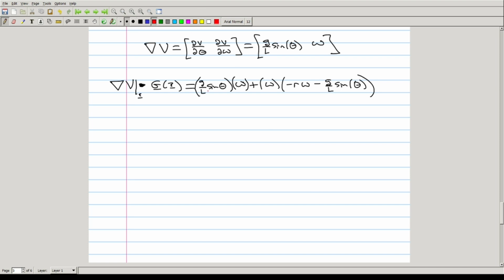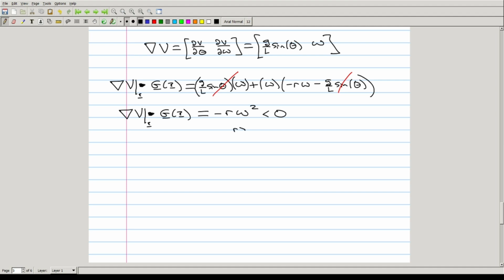In which we get a cancellation where we distribute this omega through and subtract, this cancels with this, and so we're left with the gradient of our Lyapunov function dotted with g of xi equal to negative r times omega squared, which is actually strictly less than 0.